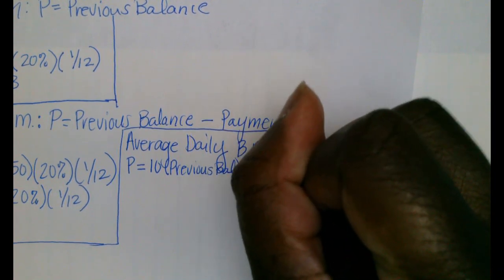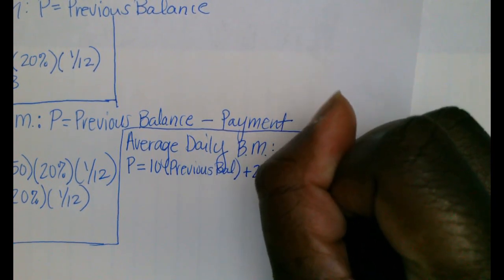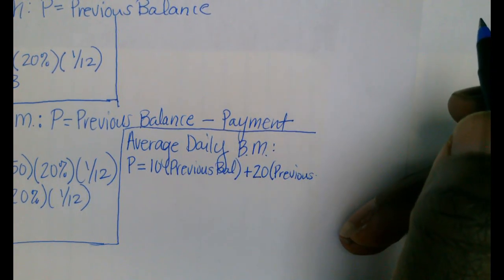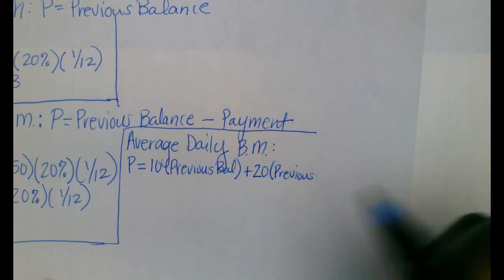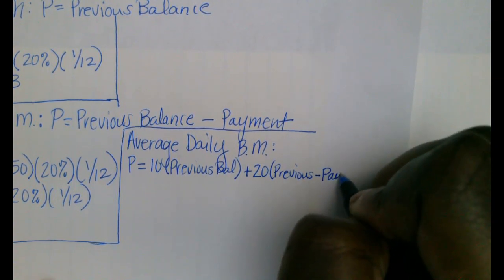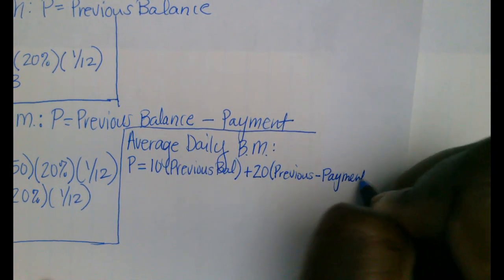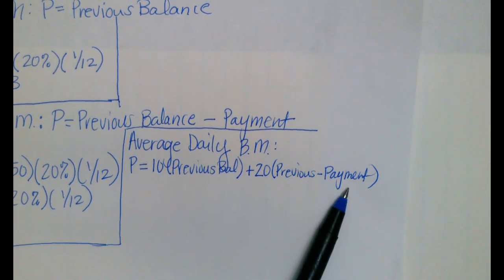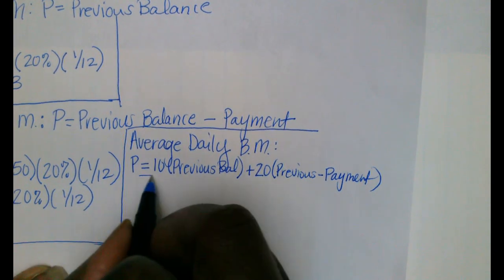So this is the balance minus payment. So previous balance minus the payment, and then you're going to divide it by 30.